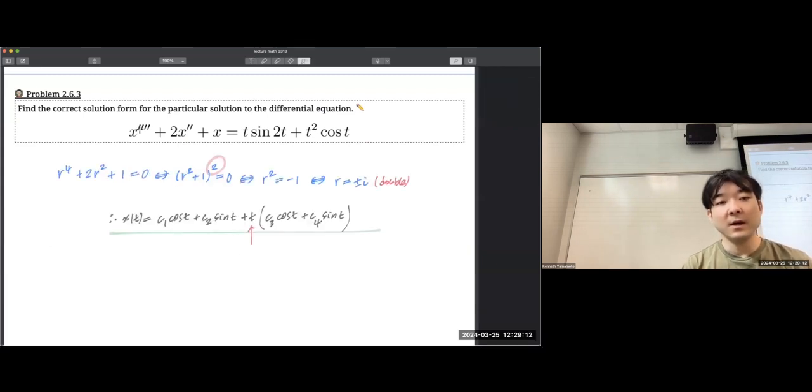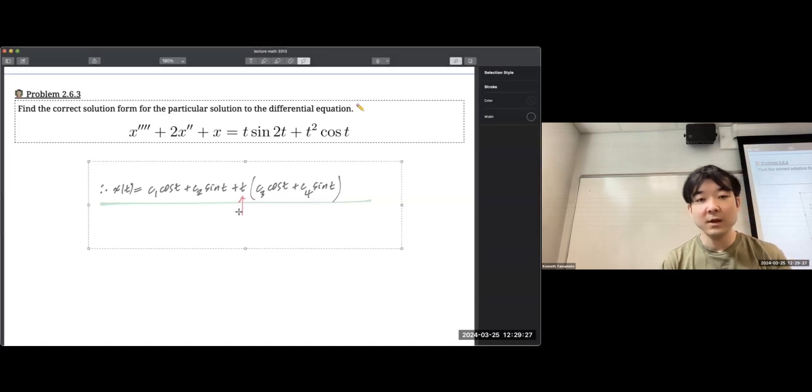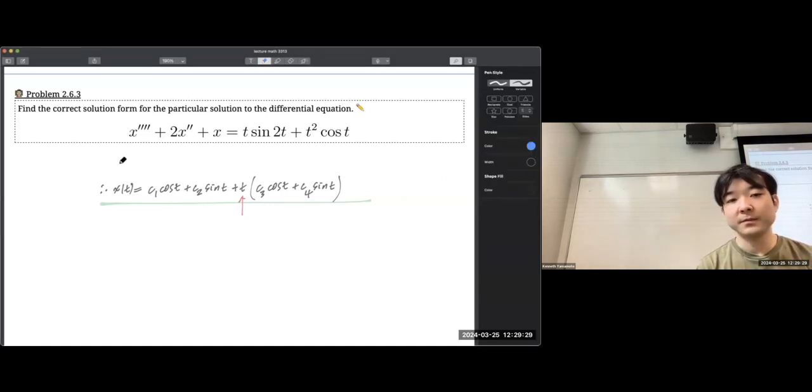So you see here, quadruple prime becomes r to the fourth, double prime becomes r squared. We did all of this, and we got this. So I'll just delete the work and say that this was the homogeneous solution for this one, from example 2.4.9.